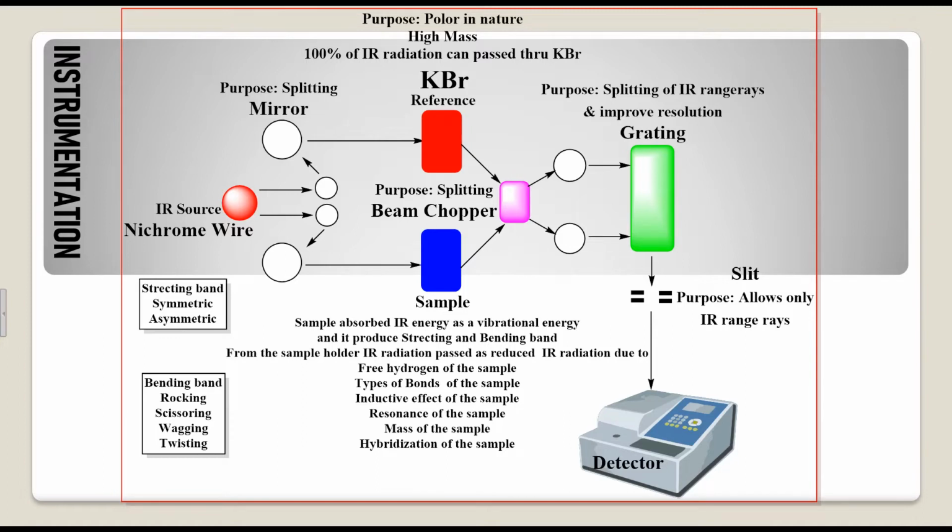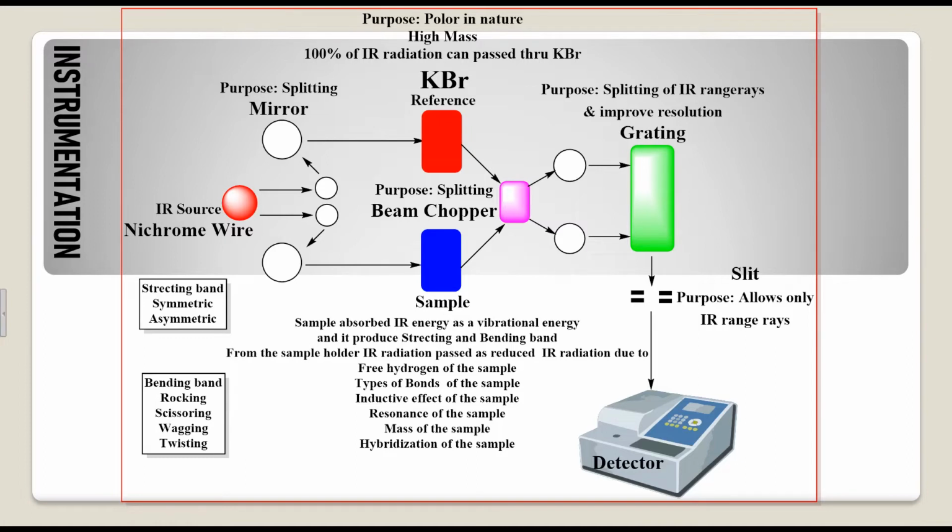After the absorption, what will happen? The IR radiation passes through the sample cell as reduced IR radiation. This reduced IR radiation reaches the beam chamber. Again, this beam chamber splits the reduced IR radiation toward the mirror. When this split IR radiation reaches the mirror, the mirror sends the reduced IR radiation into the grating.